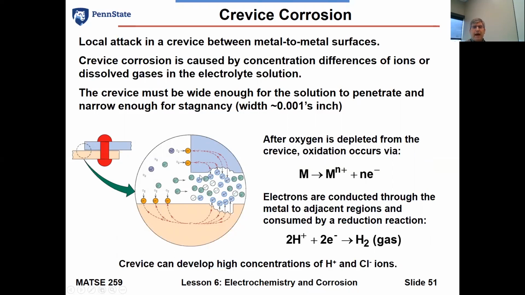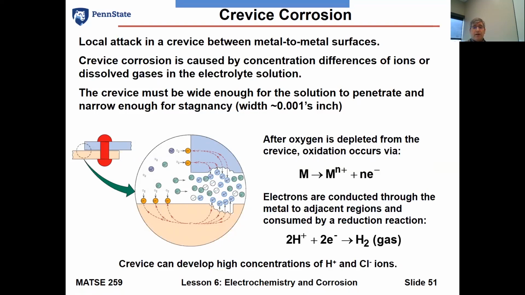And so what happens with that electrolyte, or that liquid that gets in there, is you start to get some concentration differences. You can deplete the oxygen, but that electrolyte in there becomes extremely rich in H+, which means our pH is going way down. And with that, we're going to accelerate the corrosion process within that. Now, they can develop these high concentrations of H+ and even Cl- or chloride ions.